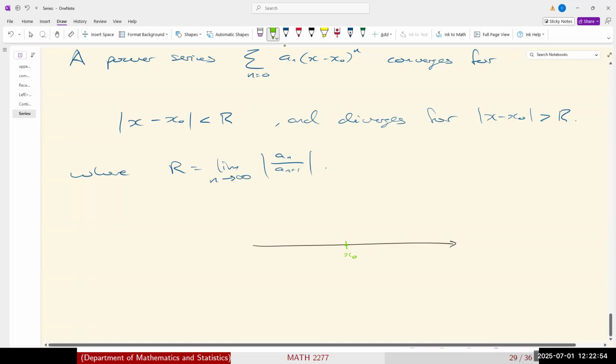We'll see in a bit that it does not have to be finite. So R here and R here. It's a neighborhood, remember neighborhoods? From x0 minus R to x0 plus R. So it's saying that for any x value inside this neighborhood, the series will converge.